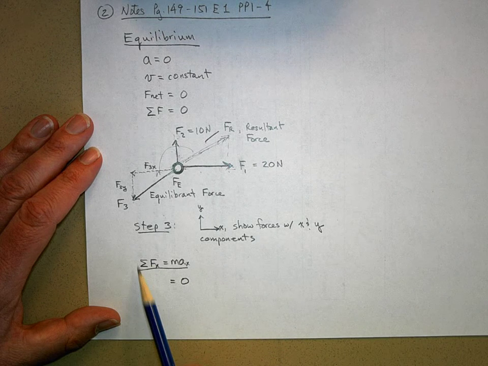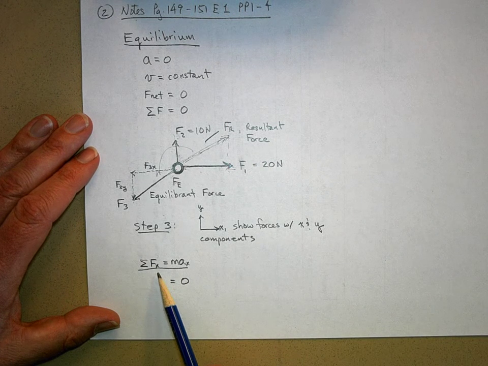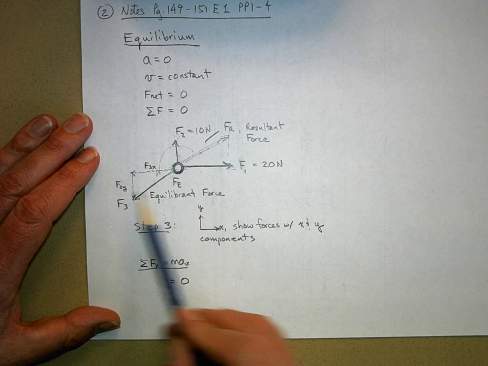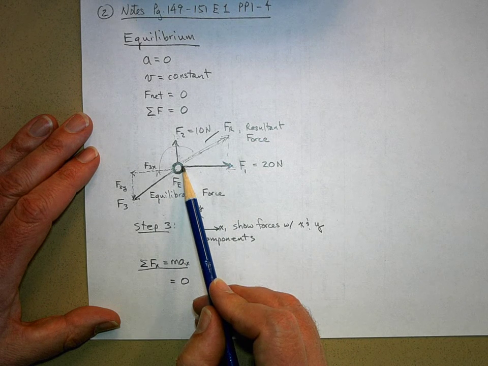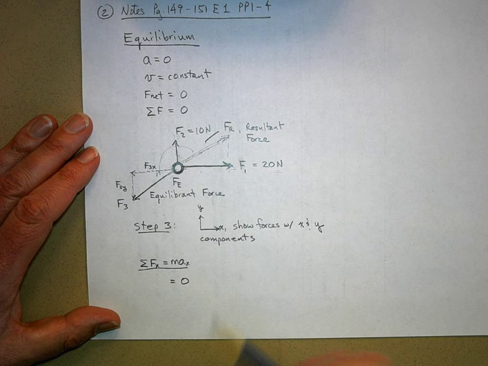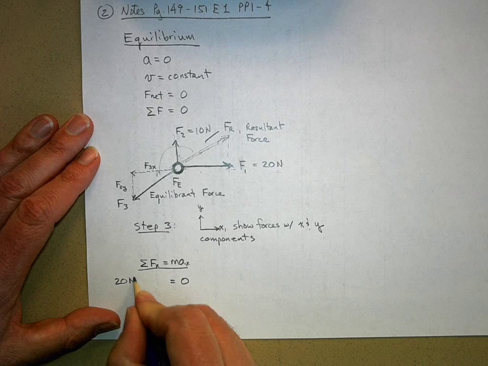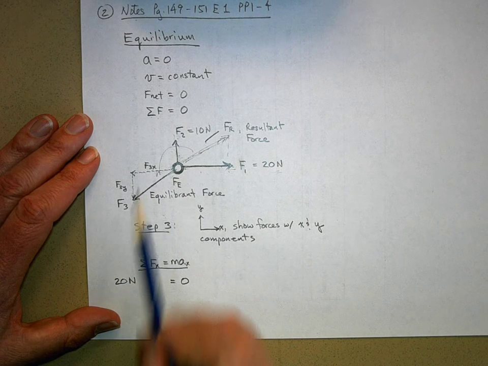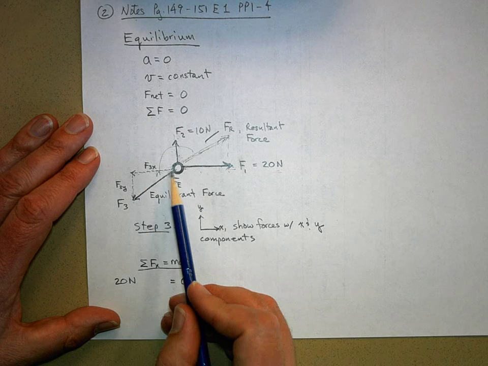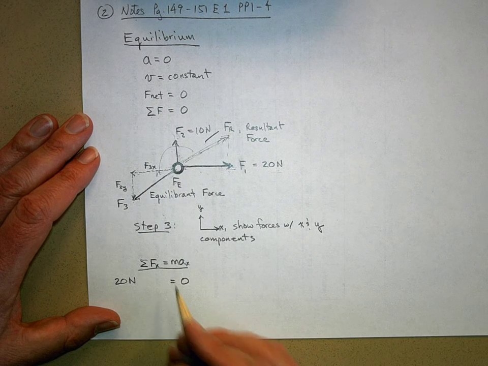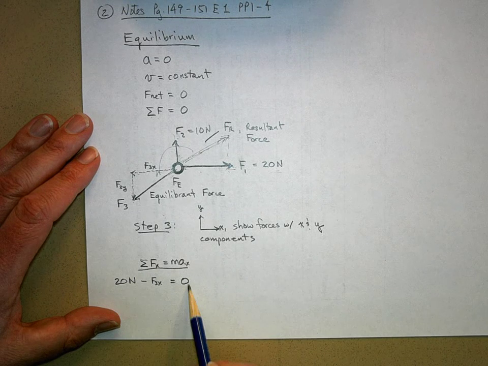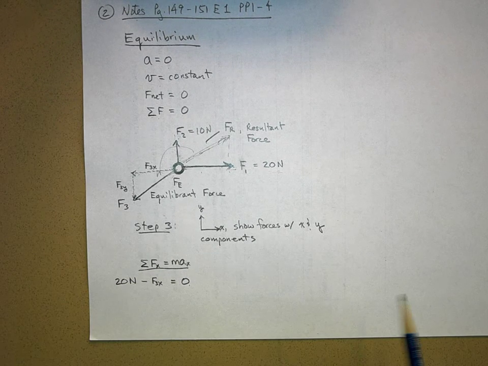Now let's look in the x direction. Look at the x direction on my free body diagram. What have I got? Well, in the x direction, F1 is how much? 20 newtons in the positive direction. Now, what is true about F3 in the x? It's in the negative direction, isn't it? So I'm just going to put minus F3 in the x is equal to 0. So this will give me the ma. Now, what does this tell me?